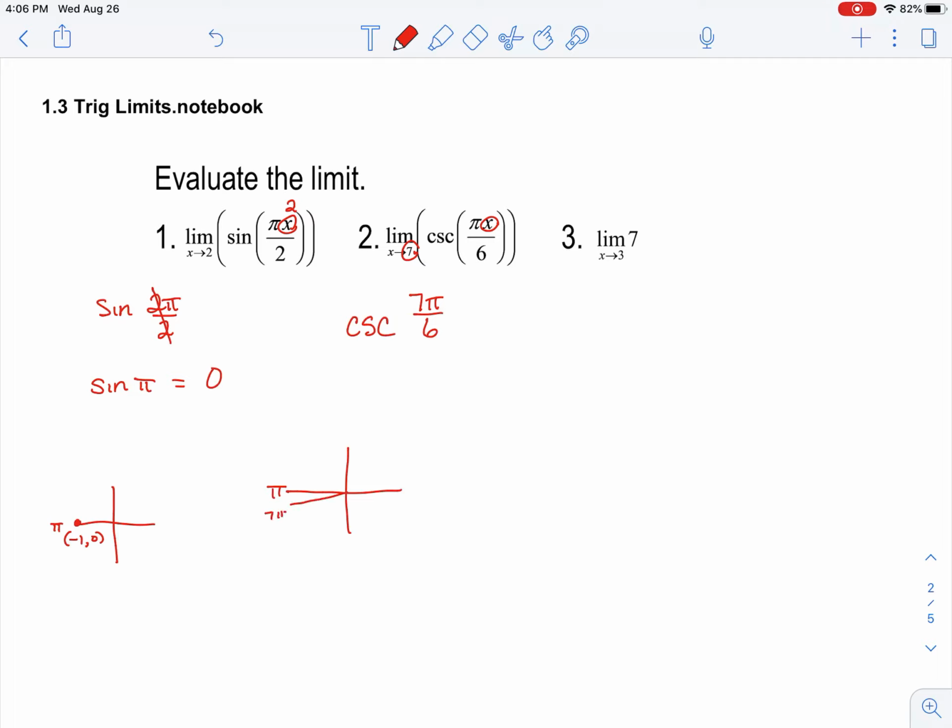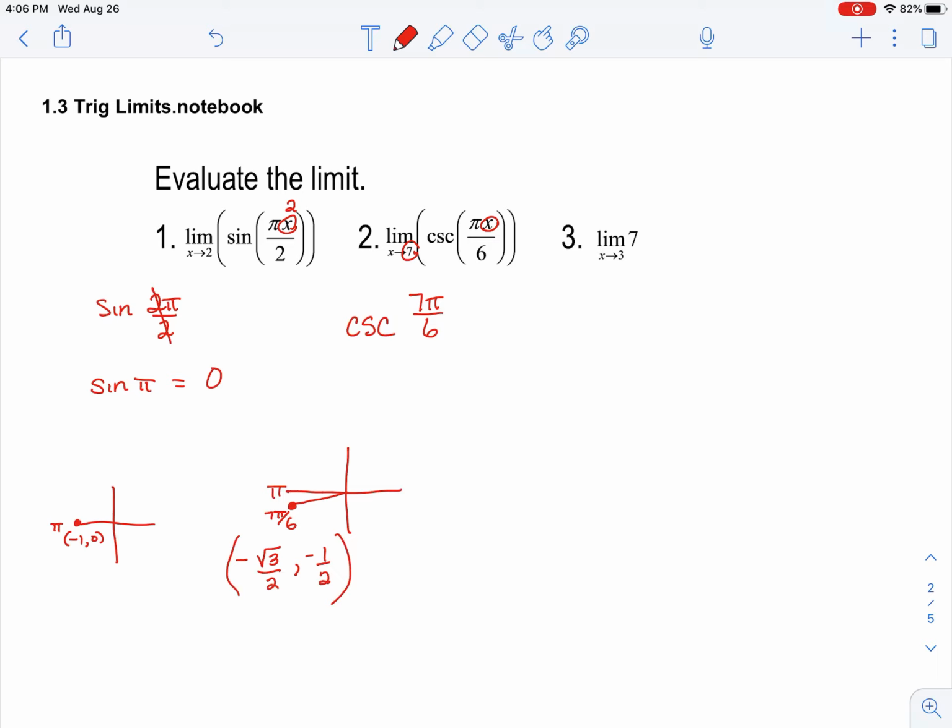So right there is 7 pi over 6. What point is that? Well, that depends how you do it. I call them long, short. So this is long to the left. So the long one is -√3 over 2. Short is 1/2, and we're going down 1/2. So that is the point there.